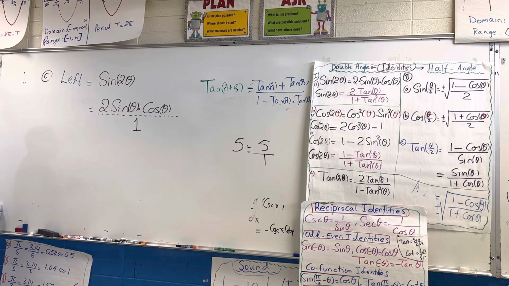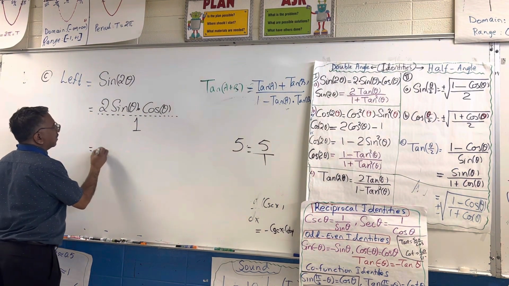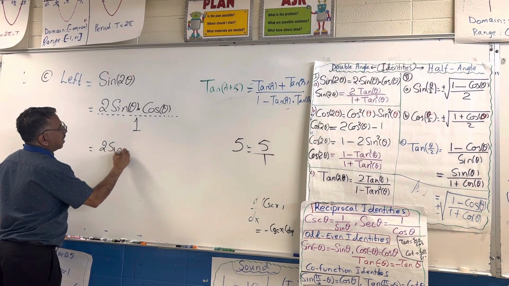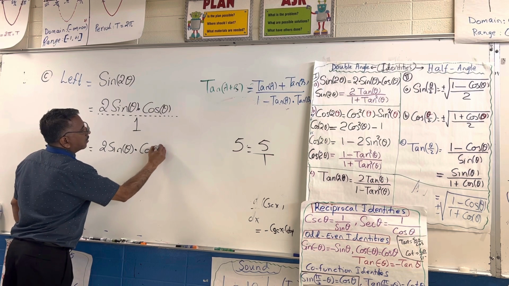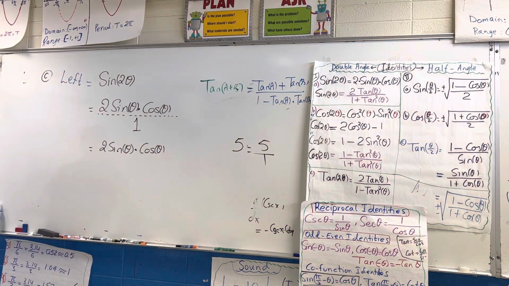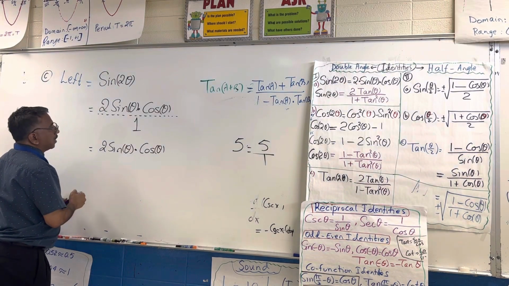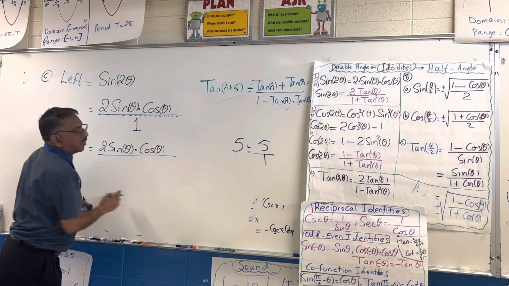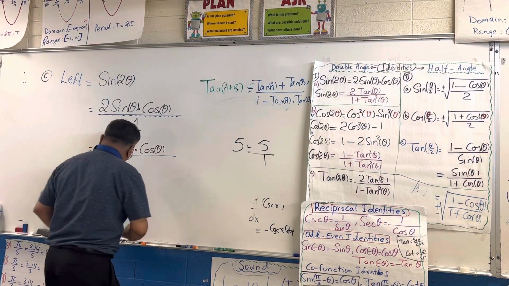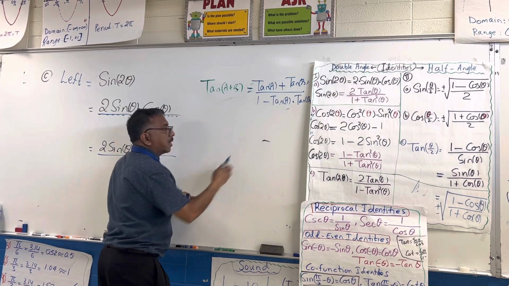And then you replace 1 by something. So the question is, what do we replace this by? This 2 sine theta cosine theta stays the same. And then this part, divide by, what should I do? Now, there are 3 identities with 1 you can think of. Remember?